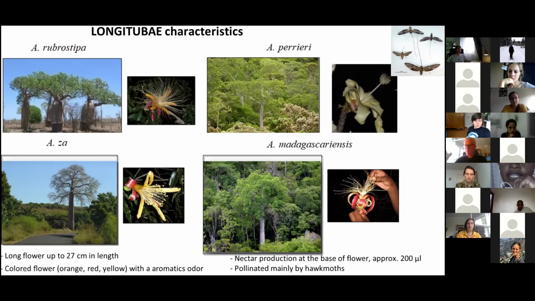In this section there are 4 species: Adansonia rubrostipa, Adansonia perrieri, Adansonia za, and Adansonia madagascariensis.